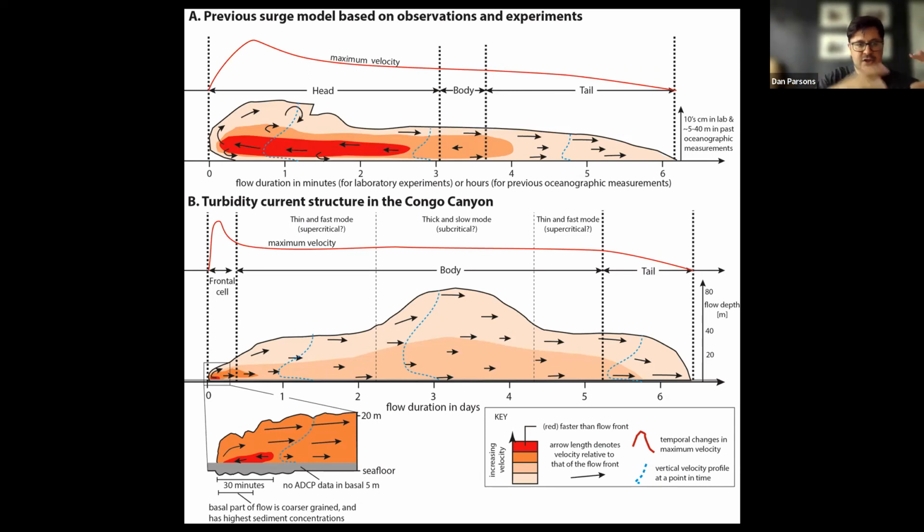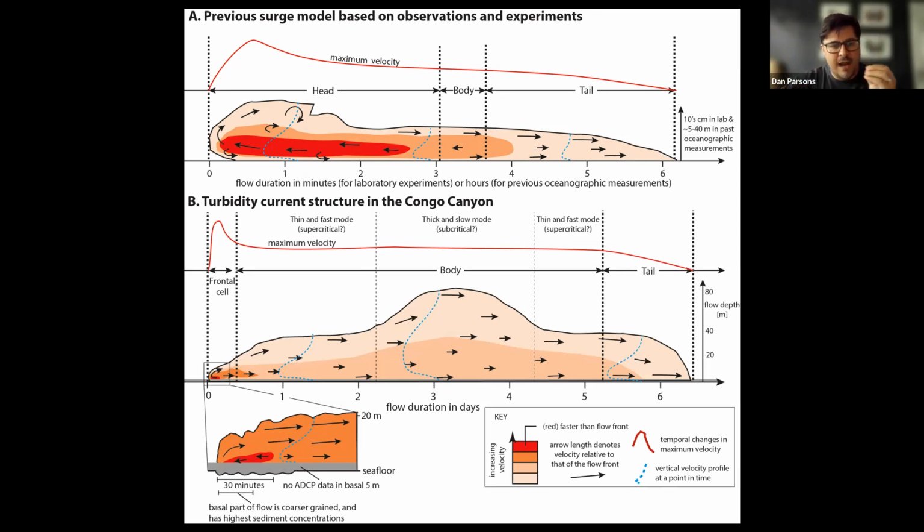And as you move down the canyon channel system with the turbidity current, comparing a point near the top of the canyon and a point down near the abyssal plain, what you'd see is a current that lasts for a few hours, perhaps, in the upper system.